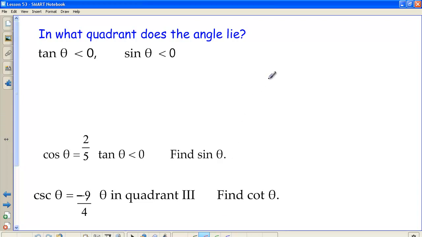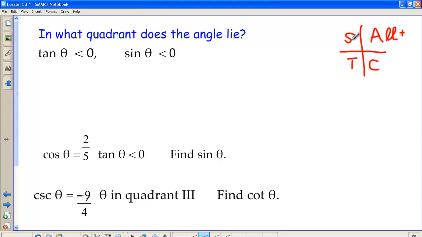Okay, so quick little bit of info from lesson 5.3, and we're really talking today about the quadrants and in which quadrants certain trig functions are positive or negative. So my little device to remember is that all of the trig functions are positive in quadrant 1.